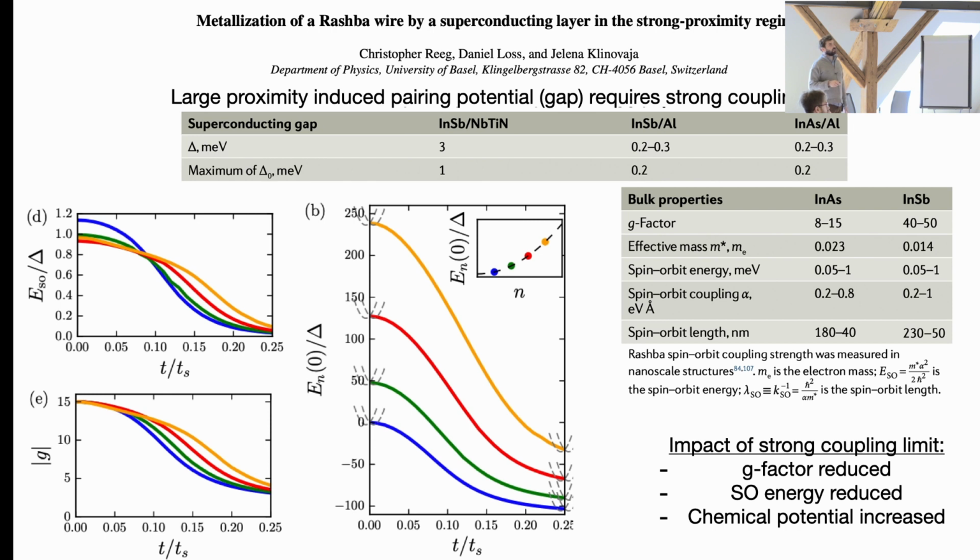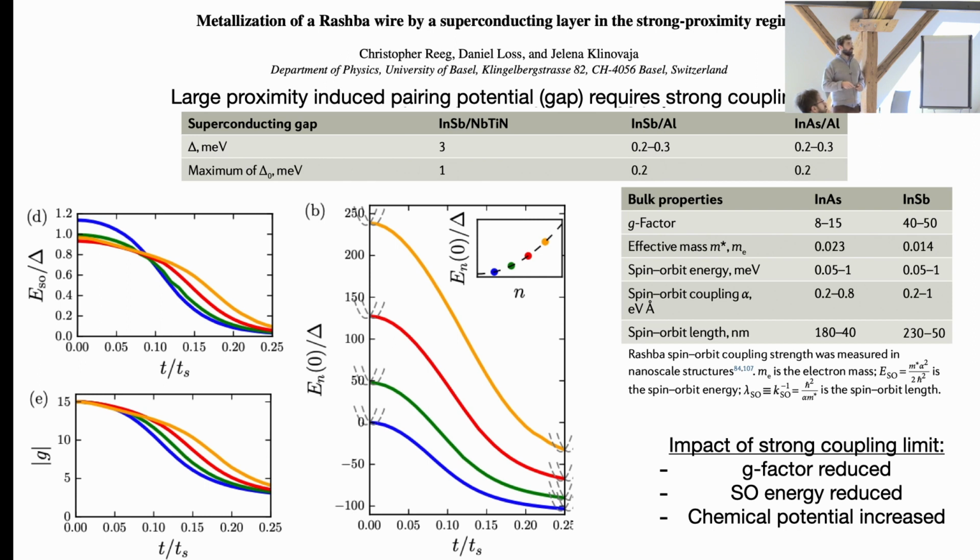And so I get a reduction, for example, in the spin-orbit energy as a function of the coupling between the superconductor and the nanowire, which means that if I want to have a large induced superconducting gap, then my spin-orbit coupling is vastly reduced. And to be honest, no one really knows how big the residual spin-orbit coupling still is once you put your superconductor on top of the Rashba nanowire.